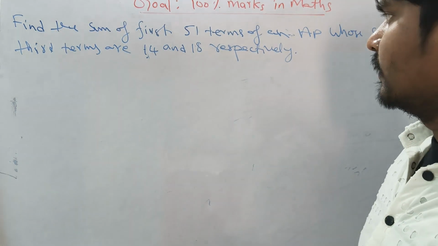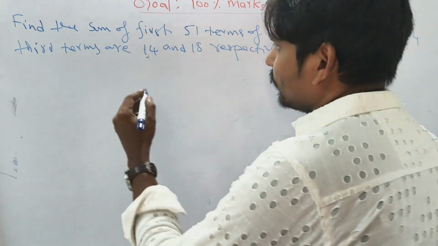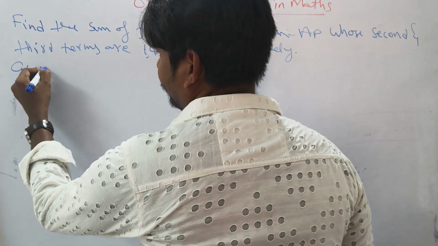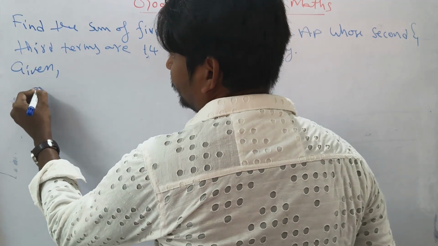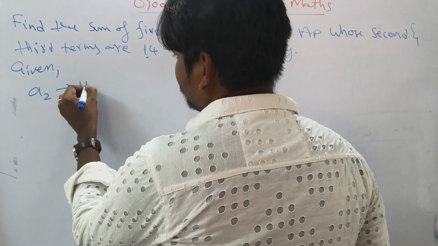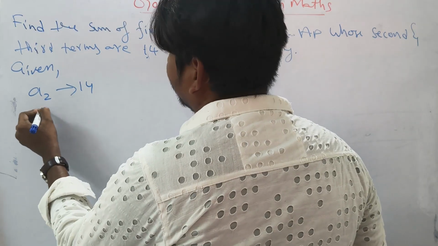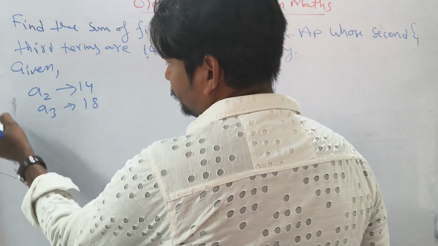Then how do we find those two values? The given information is a2 = 14 and a3 = 18.